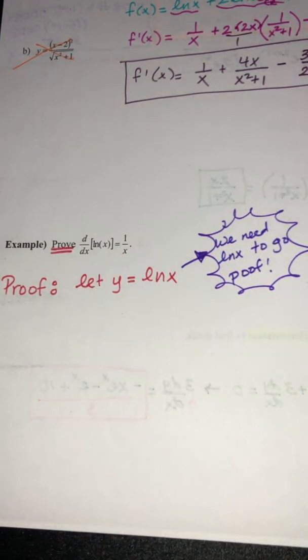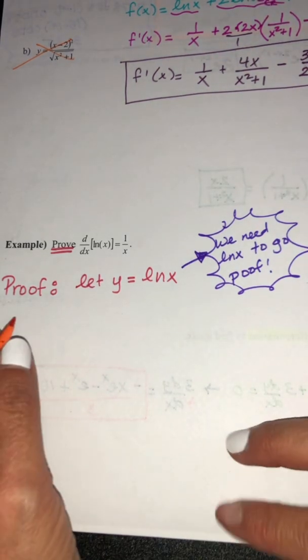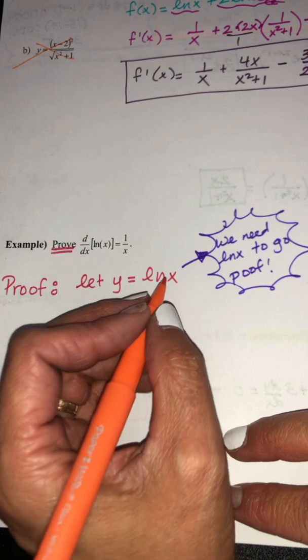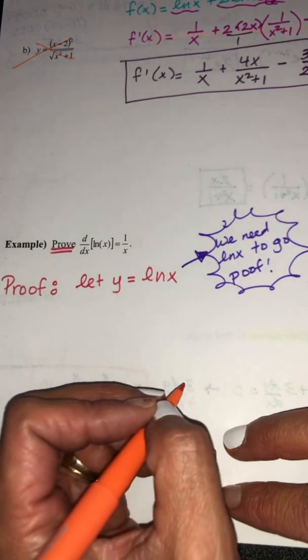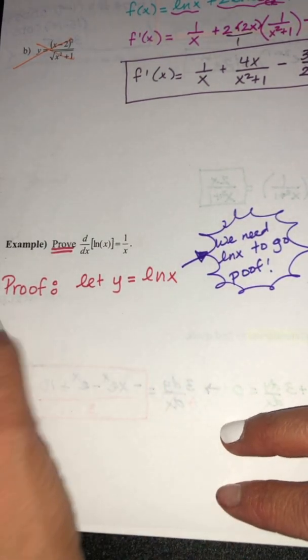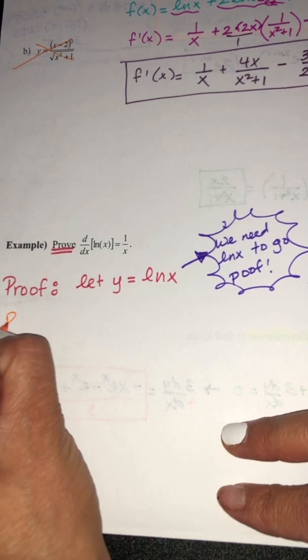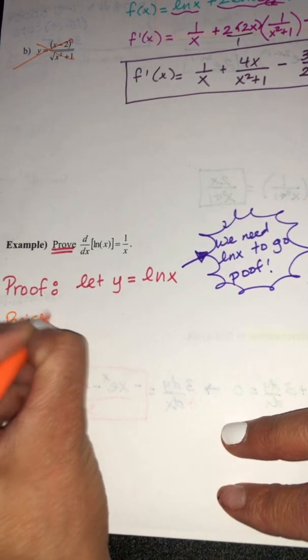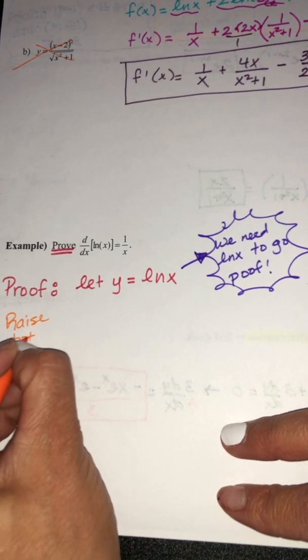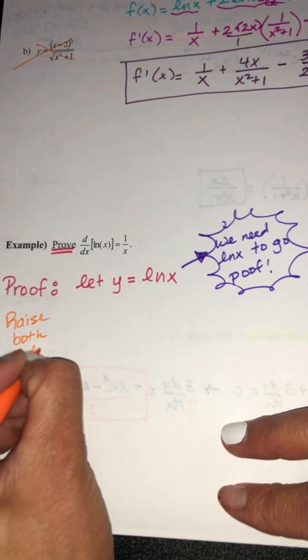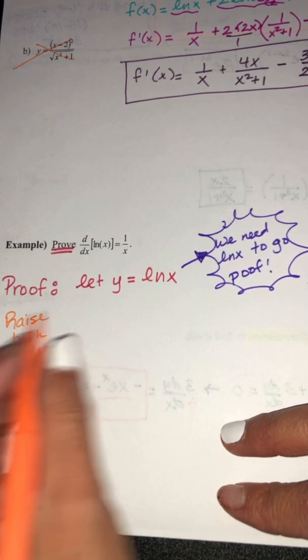Okay, so we need it to somehow disappear. All right, well, back in Math 3, there was a way that we can get the x out of the log. And that means that we would have to raise both sides by an e.